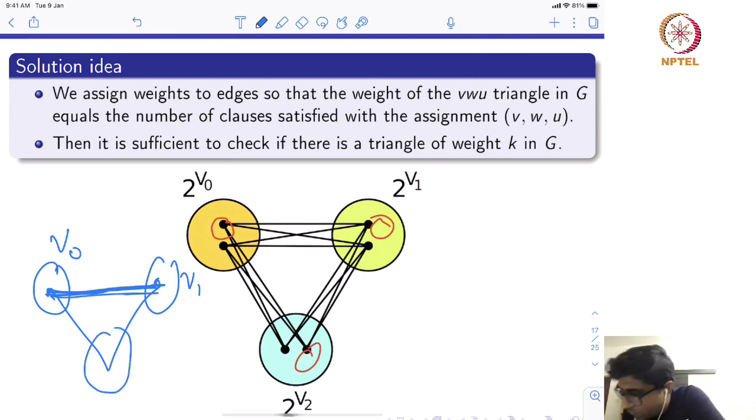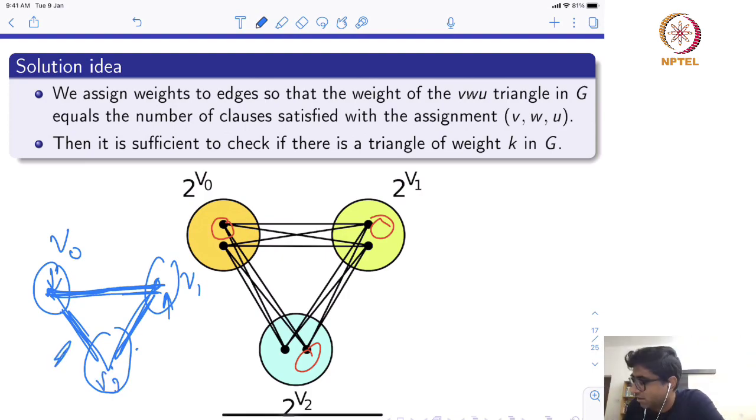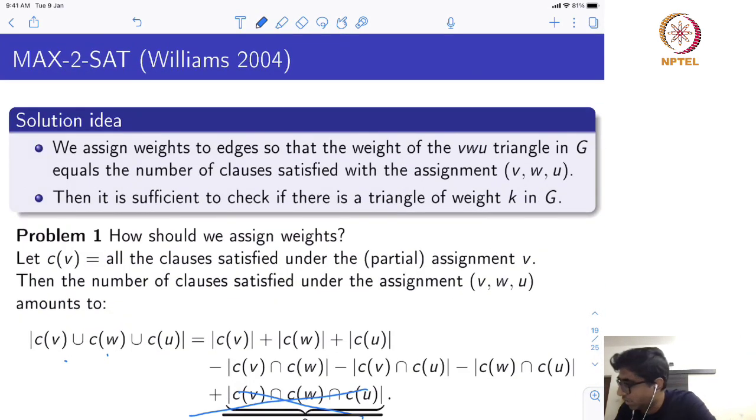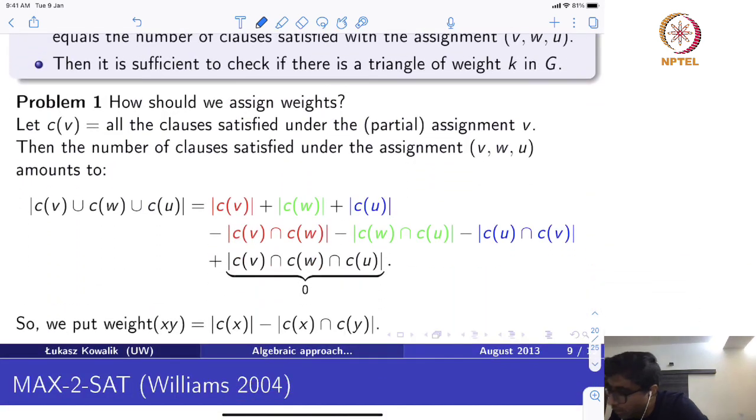So for edges between V0 and V1, you will assign the intersection weight as well as the weight of this. For edges here, you will assign the intersection weight as well as weight, and for edges here, you will assign the weight of this vertex and the edge. So this is the convention you make and assign weight this.